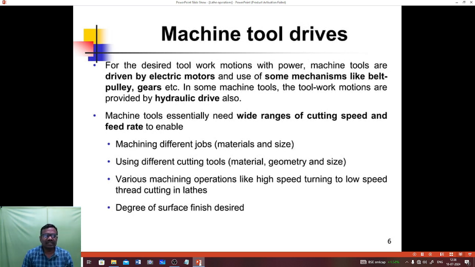Machine tools essentially need wide ranges of cutting speed and feed rate to enable machining different jobs of different materials and sizes using different cutting tools, different material geometry and size, various machining operations like high speed turning to low speed thread cutting in lathes, and the degree of surface finish desired.